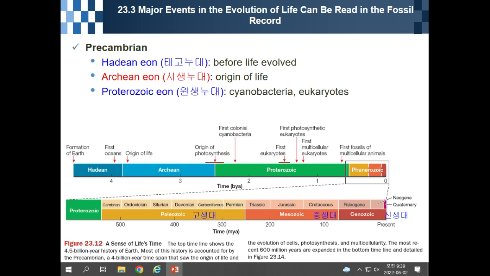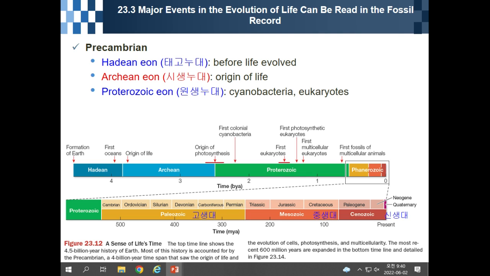Hadean, in Korean, we call it 명왕누대. Earth was formed, and the first ocean was here, like this. This was before life evolved.